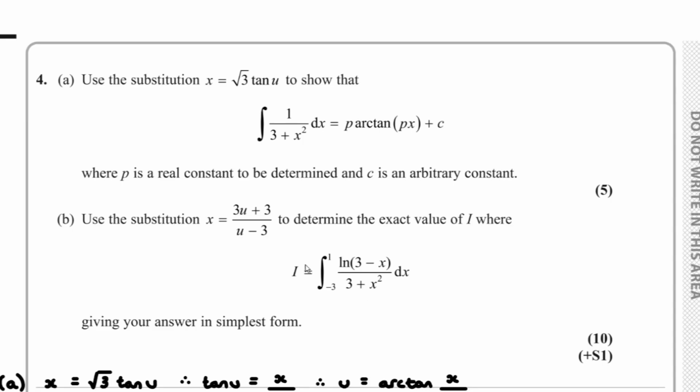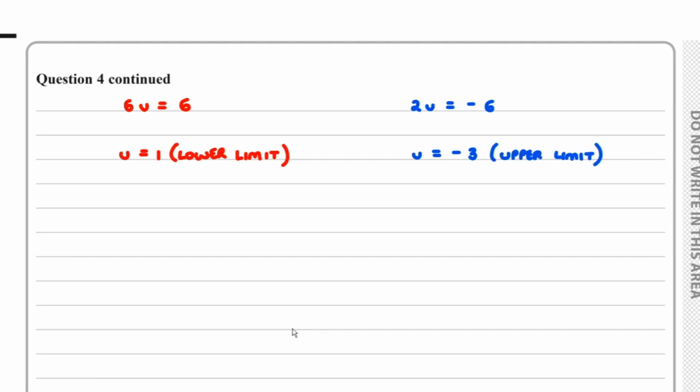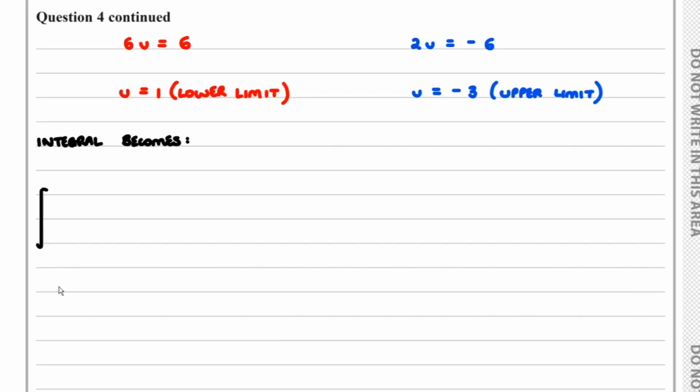Now here is what our integral is, and we need to replace correspondingly and rewrite this in terms of u. So the integral becomes the following. We've got the integral, and then our lower limit is 1 and our upper limit is negative 3.